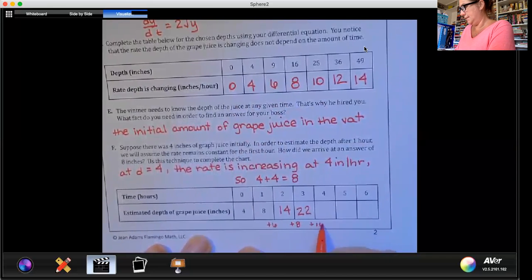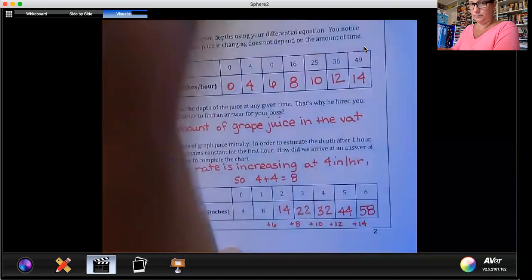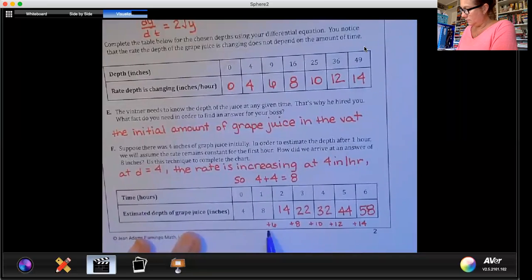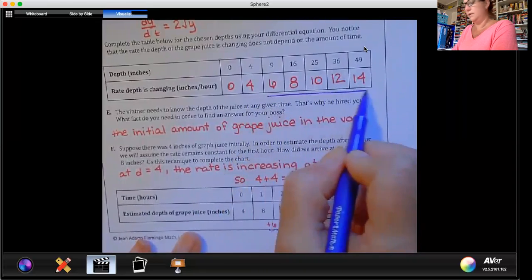We're going to add 10 to get 32. And we're going to add 12 to get 44. And we're going to add 14 to get 58. So these values here came directly from the chart that we found here.